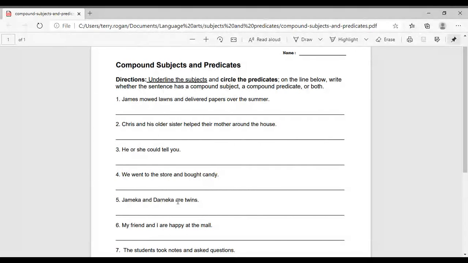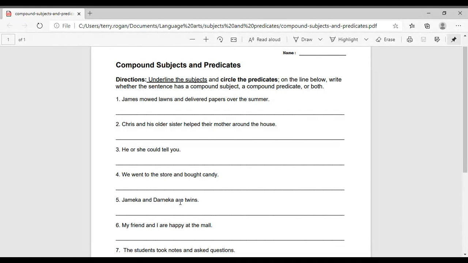Are is a linking verb here. Am, is, are, was, were, have, has, had, be, being, been are all linking verbs. If you find those, they can be linking verbs. Sometimes they can be helping verbs, but there's only one of them here, and so it is a simple predicate.